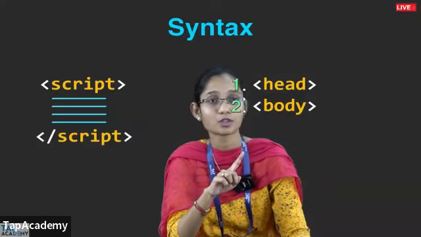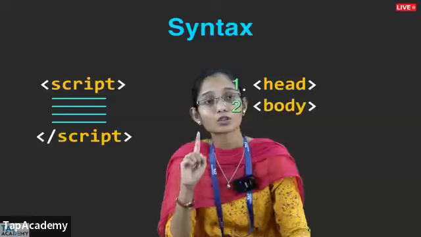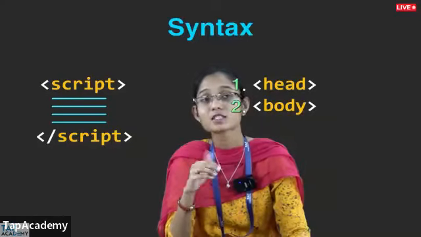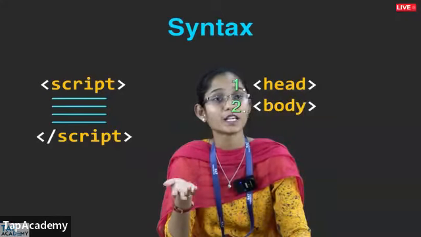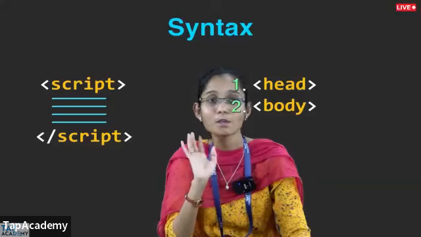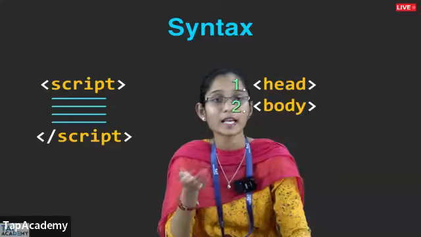Same thing applies here also. If you want to use the script tag in the head section, you can use it. In the body section, you can use it. It depends on the requirement, you have to decide in which place to use it. And the third one will be your external file.